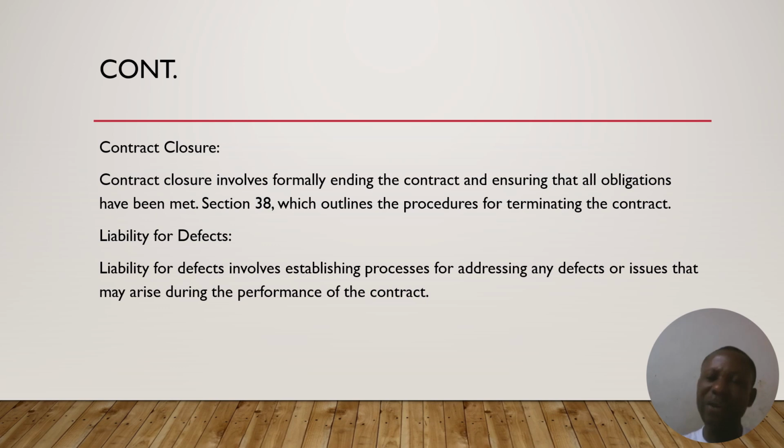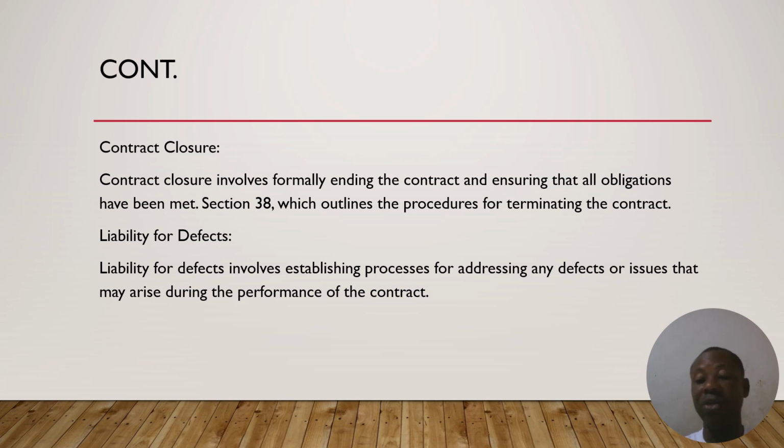So when we are done with all these activities in the contract process, and we are satisfied with the contract, then we come to contract closure. Contract closure involves formally ending the contract and ensuring that all obligations have been met.